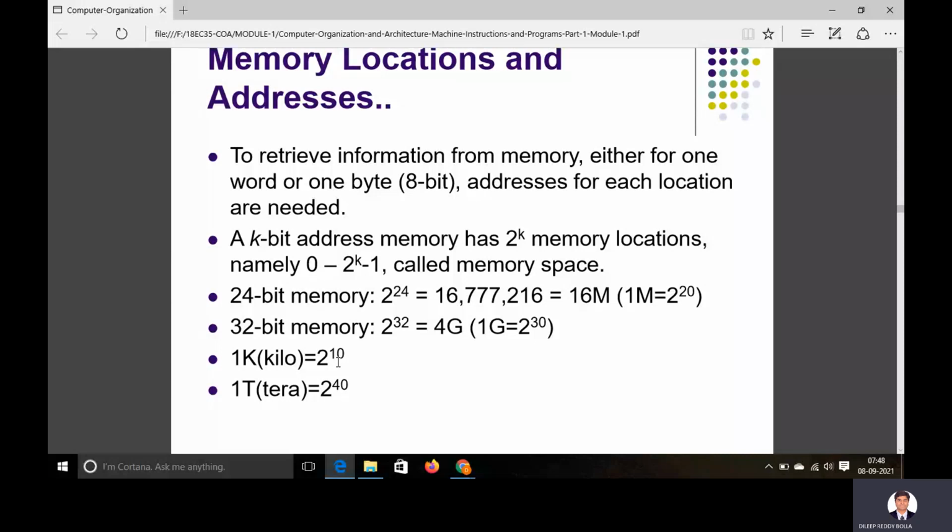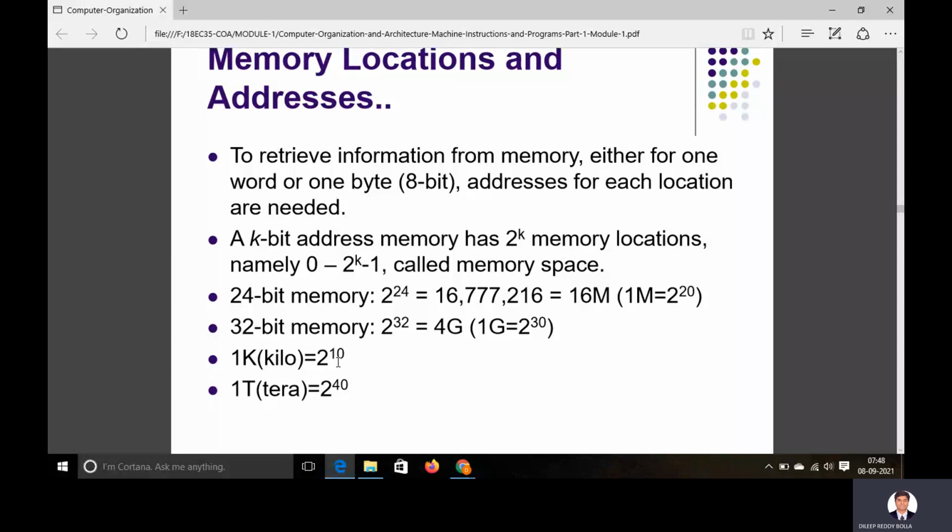So that's why when you see any microcontrollers with 16-bit, it can have a memory capacity of 64K, and it will have the blocks in terms of 64K multiples. So if you want to have 1 terabyte of space, we need to have 40 address lines. The number of address lines is what is going to decide the capacity of memory. If you keep increasing the capacity of memory, the number of address lines also has to be increased.